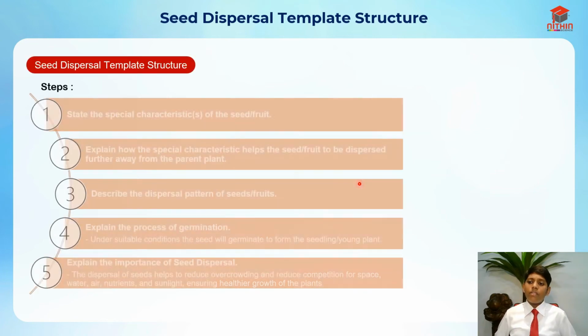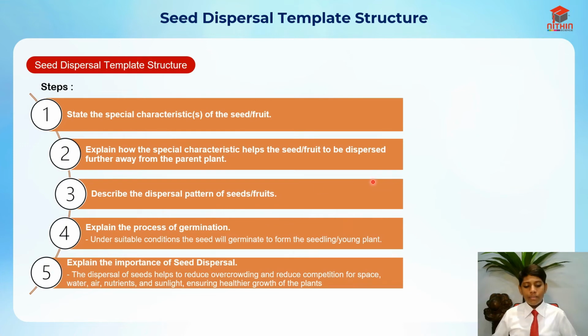For the first step, we have to state the special characteristics of the seed or fruit. Like I said, you have to know the characteristics, like pod-like structure, wing-like structure, feather-like structure, hook-like structure, indigestible seeds. All these are special characteristics. And after that, we have to explain how the special characteristics help the seed or fruit to be dispersed further away from the parent plant, right?